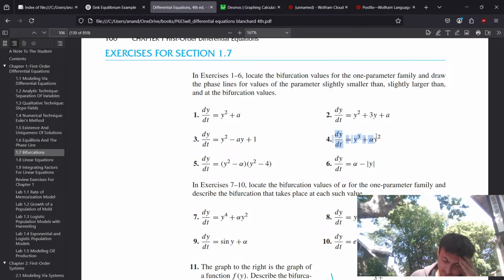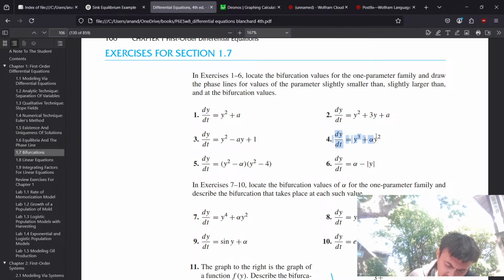So what do we need to do? First off, f prime for our linearization of y is going to be 3y squared plus 2ay. This is going to be y times (3y plus 2a). So solving for a, we could do 3y squared plus 2ay equal to 0.